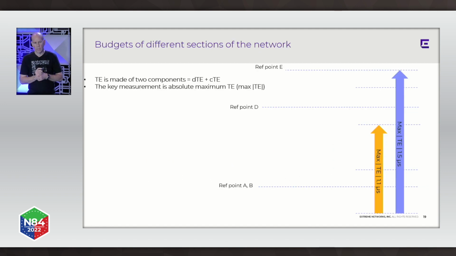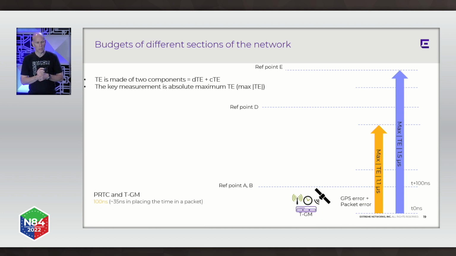This is an example of how you build this up. You have your 1.1 microseconds, which is network wide, and then you have 1.5, which is from an end station's point of view. This builds up by introducing your PRTC or timing grandmaster, which adds some timing error because it places the time in a packet.